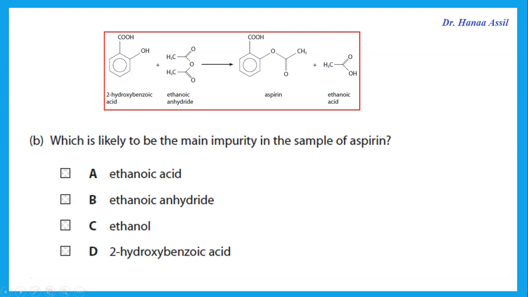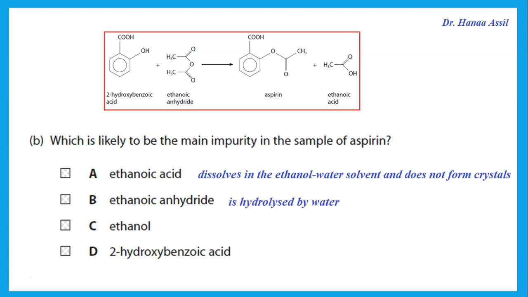Ethanoic acid, of course, is soluble in the solvent. Ethanoic anhydride is something that can react and be hydrolyzed by the water, so it would also not form a solid. Ethanol, of course, is liquid, so the only substance that can form a solid and mix with the aspirin is the 2-hydroxybenzoic acid.